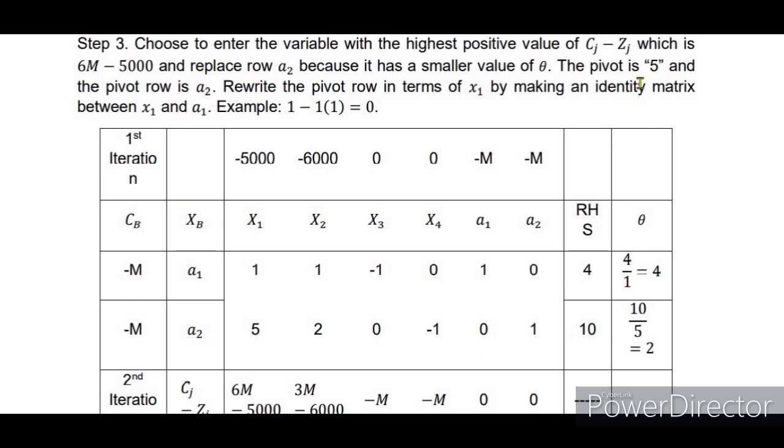So it will be the pivot element 5, and the pivot row is a sub 2. So we will rewrite the pivot row in terms of x sub 1 by making an identity matrix between x sub 1 and a sub 1.